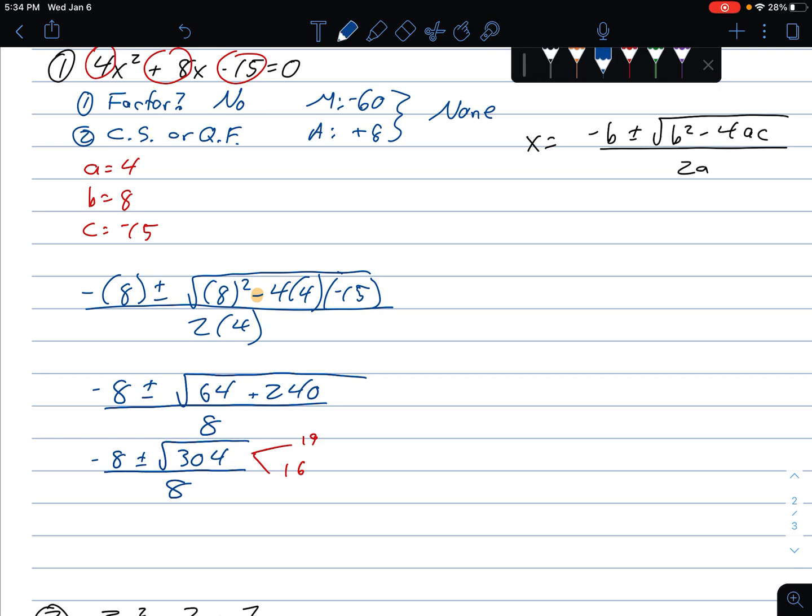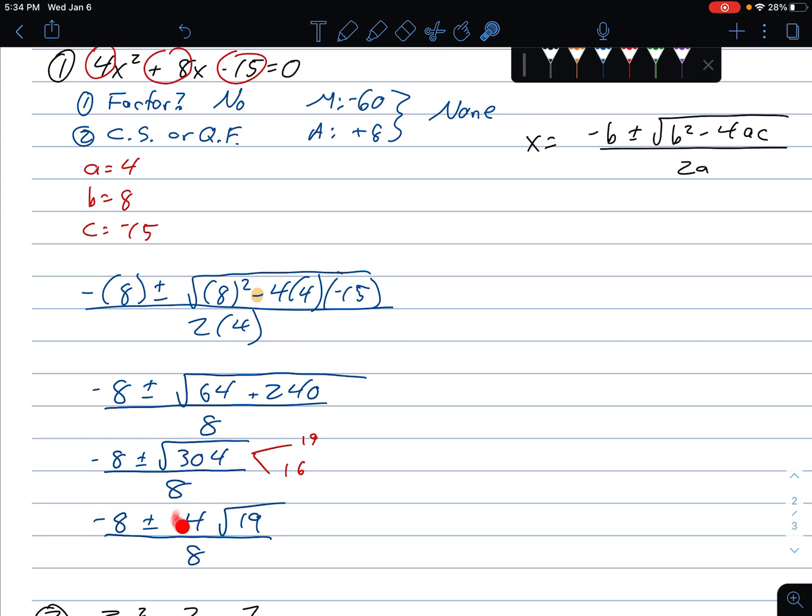So I can write this as -8 plus or minus, the radical 16 would come out as a 4, radical 19 all over 8. I did that a little fast because I don't want to spend time breaking down radicals. You would have to do it by hand, right? But I know that 16 times 19 is 304.